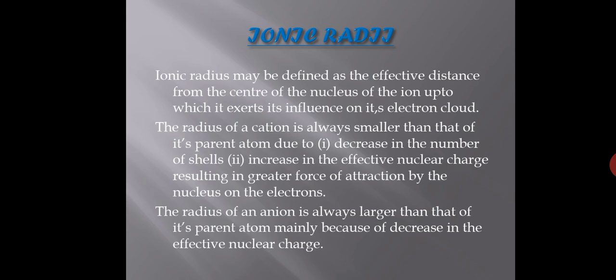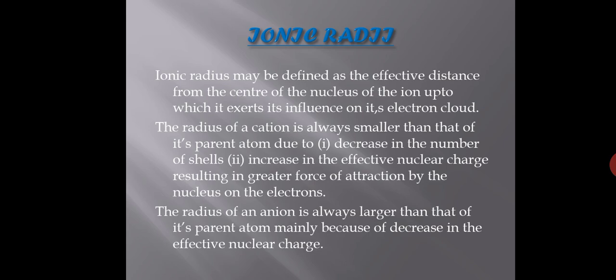When the repulsive force increases, the atomic size also increases, because the electrons are repelling one another. So for that reason, a chloride ion is always greater than a chlorine atom. The chlorine atom has 17 electrons and 17 protons, while the chloride ion has 17 protons but 18 electrons.